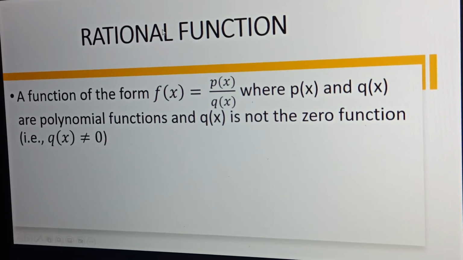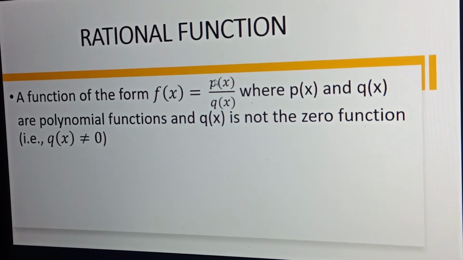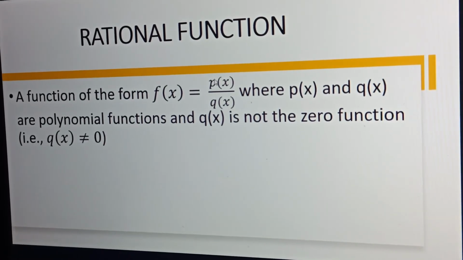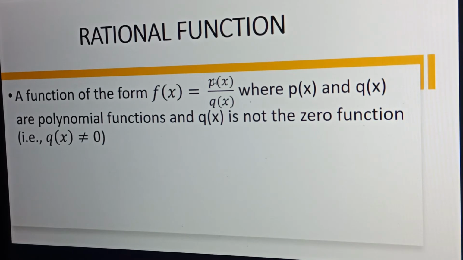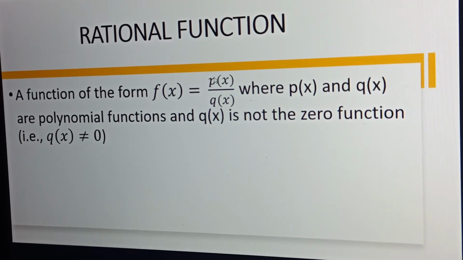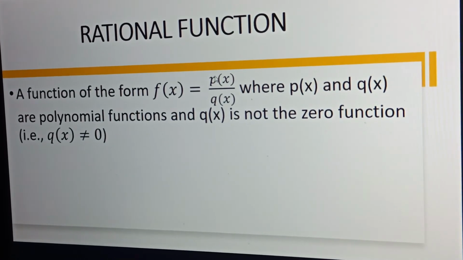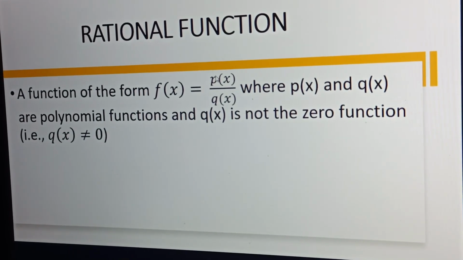So, ano nga ba yung q of x natin? Ito yung ating denominator. Si p of x, yan po yung ating numerator. So, bakit bawal na maging 0 ang ating denominator? Kapag naging 0 po yung ating denominator, therefore, the given expression is undefined.